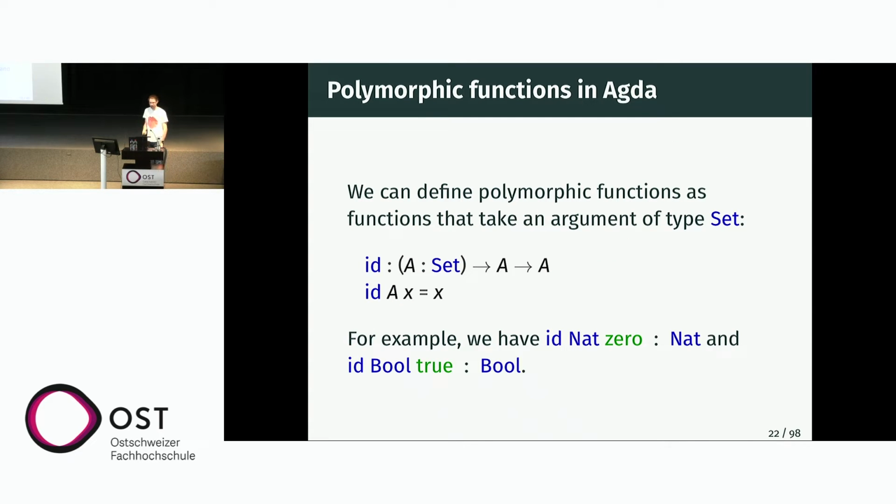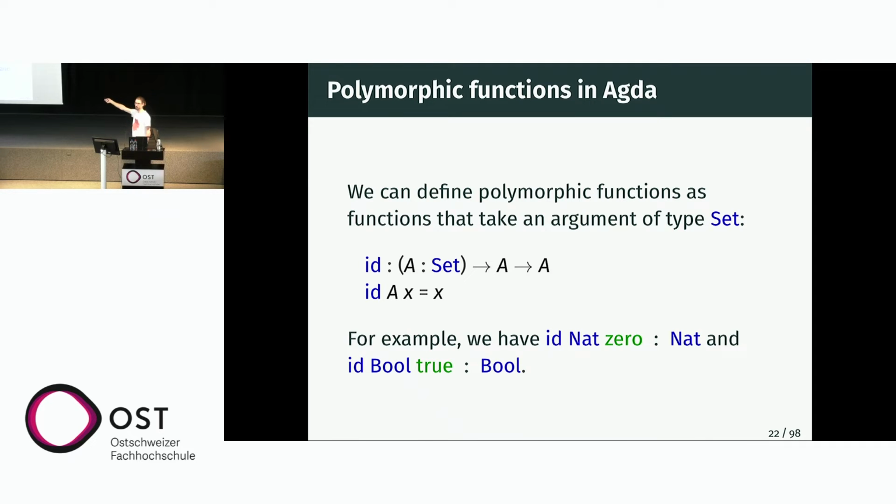Then another thing that Agda uses this Set type for is to define polymorphic functions. In Haskell, we have a separate concept of polymorphic functions. In Agda, this is just another kind of function.